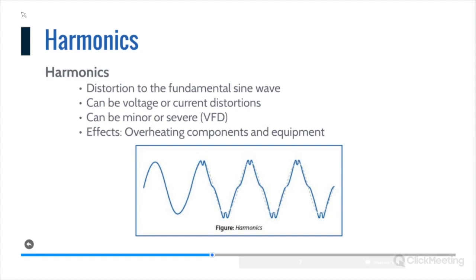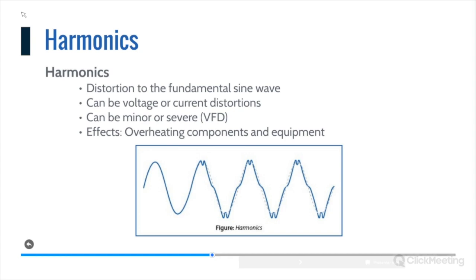But the most common are the inverters, DC converters, and the variable frequency drives. But these harmonics that they create is just a distortion to the fundamental sine wave as depicted in the slide. And it can be both voltage or current distortions, and it can be minor or it could be very, very severe. And the effects of it are overheating components and equipment.